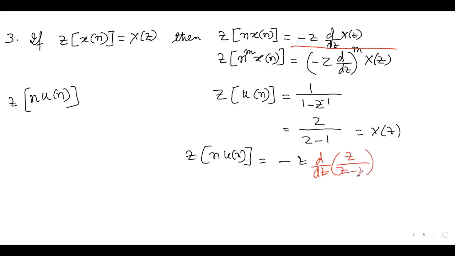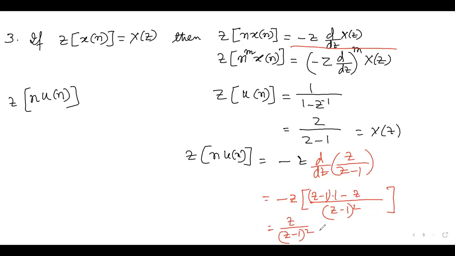Taking the derivative, that is minus z times ((z minus 1) minus z) over (z minus 1) whole square. The derivative of z is 1, so minus z plus z cancel out, and the result is z by (z minus 1) whole square.